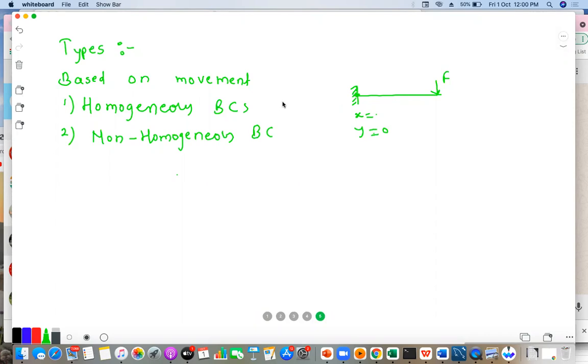So whenever my movement is completely restricted or constrained, that is called as homogeneous.